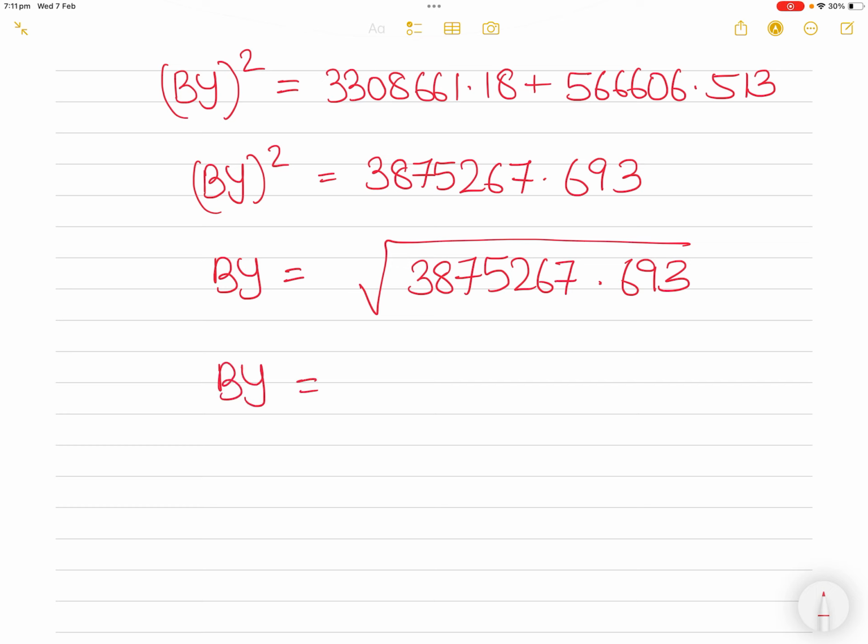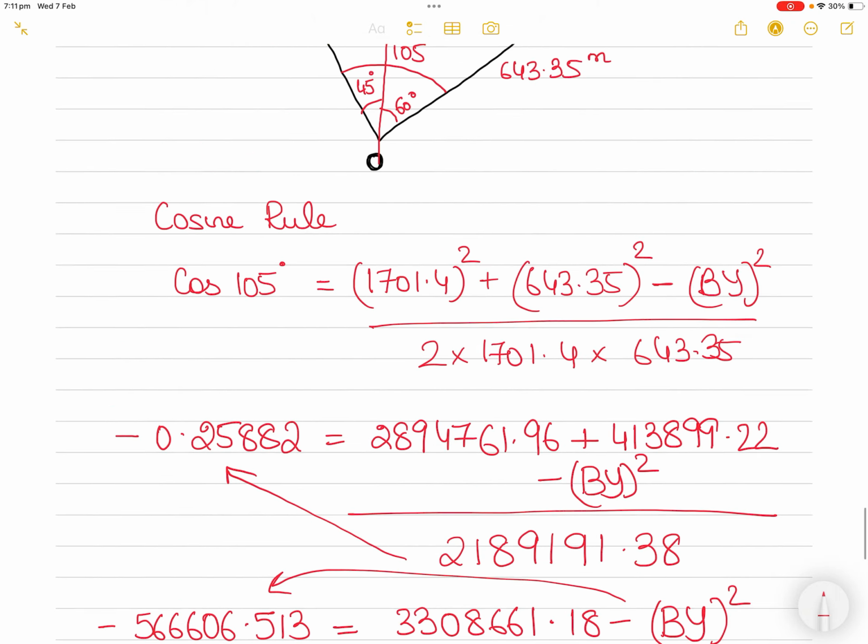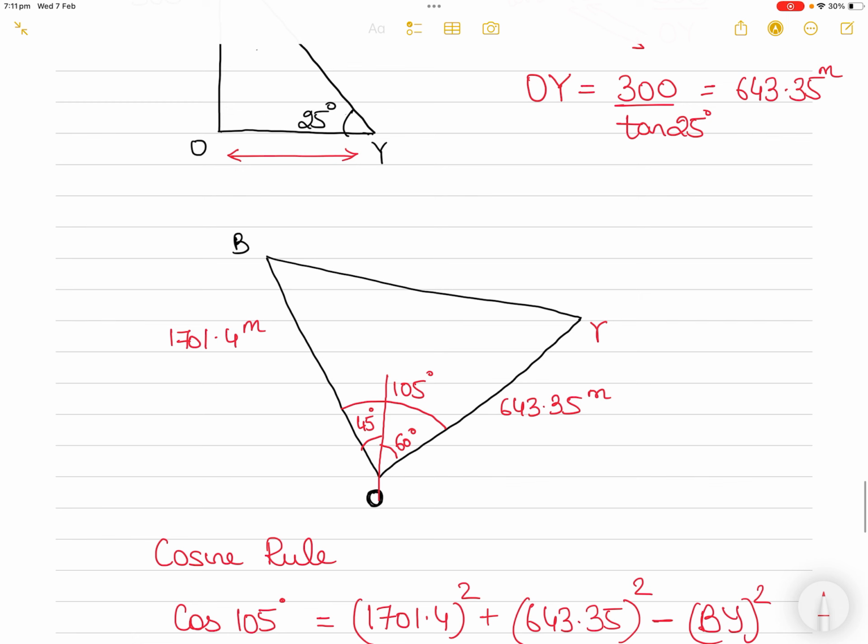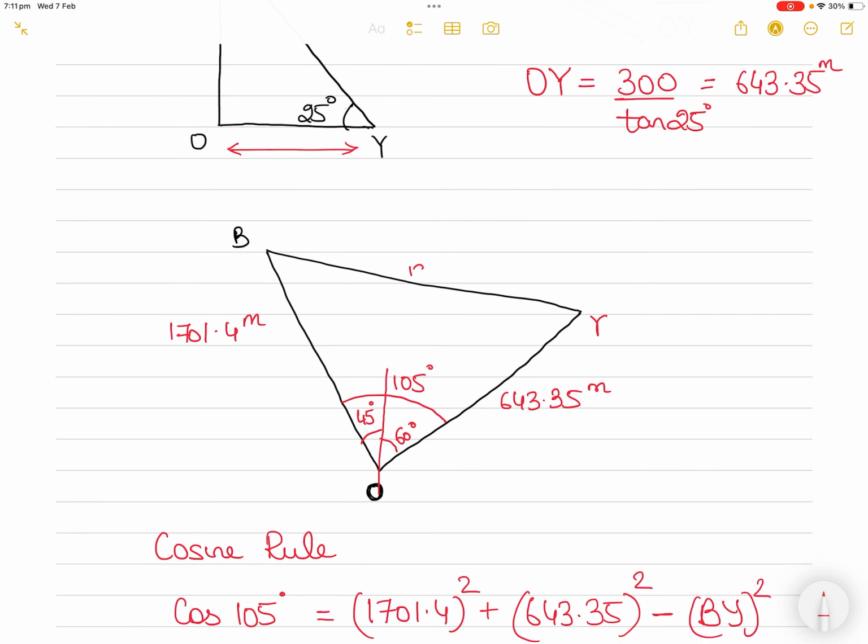So BY is 1968.57 meters. This is the answer for the distance between the yacht and the lifeboat. We need the answer up to 2 decimal places, otherwise you could round it off to 1968.6. Now we have found the distance between the two.